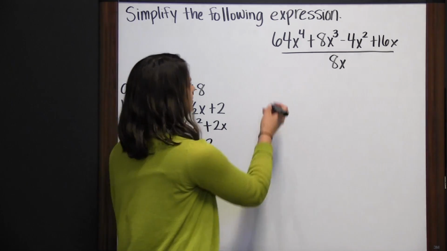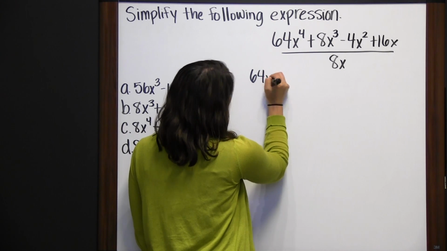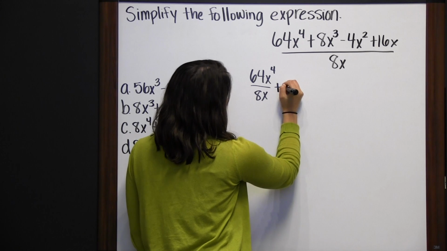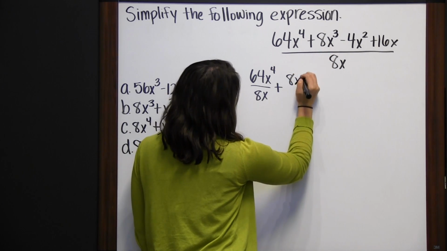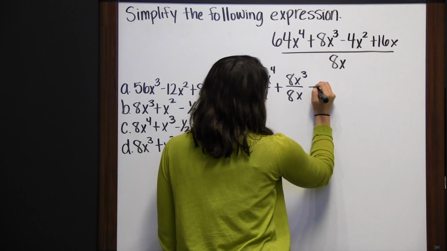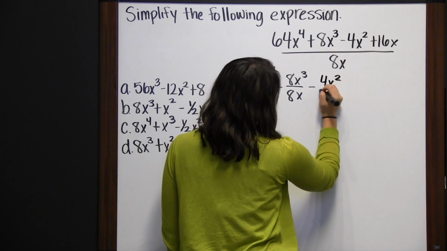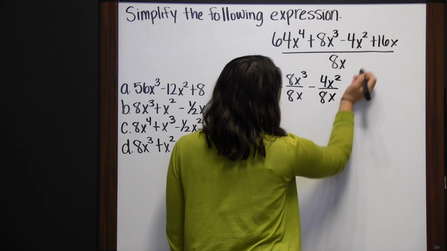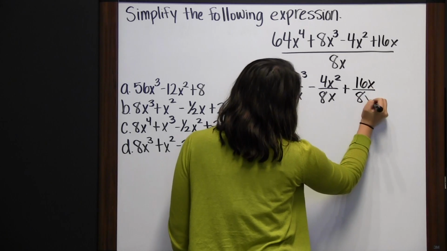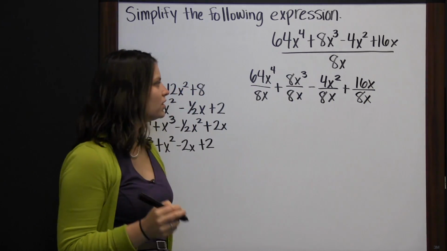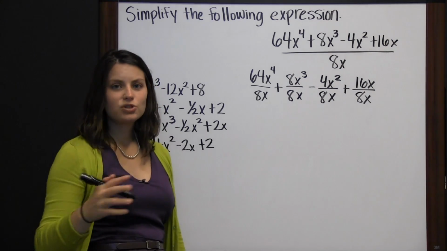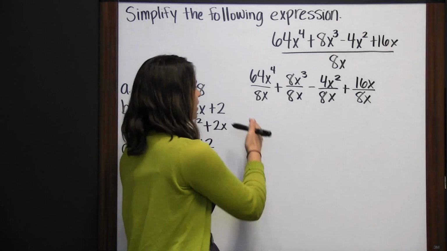I'm going to break this up: 64x to the 4th divided by 8x, plus 8x cubed divided by 8x, minus 4x squared divided by 8x, plus 16x divided by 8x. Every single term is divided by 8x. So now we can take each one of these individually and divide by 8x.